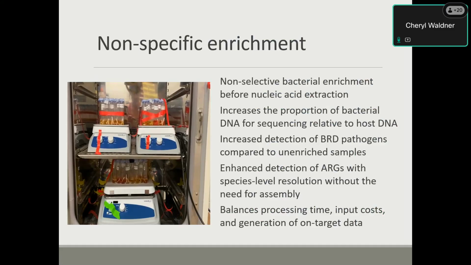It substantially increases the proportion of bacterial DNA that we need for sequencing relative to the host. We're seeing the bacteria that we expect to see in roughly the ratios that we expect to see. We're seeing increased detection of our BRD pathogens compared to unenriched samples, and we have substantially enhanced detection of antimicrobial resistance genes within individual speciated reads of our bacteria of interest without any need for assembly.